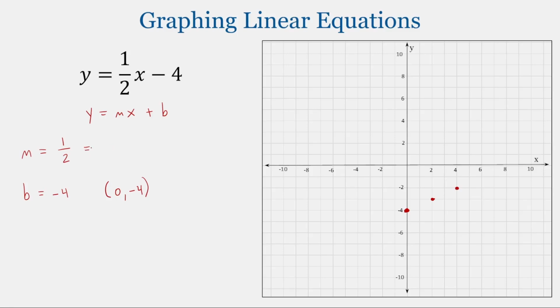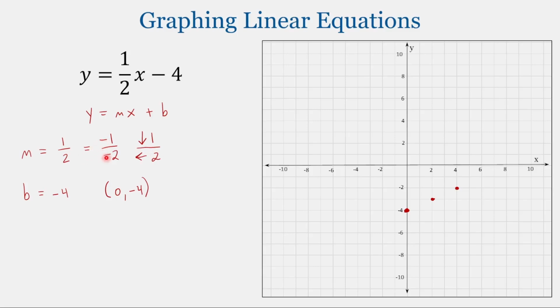Now a slope of 1/2 can also be written as -1 over -2. These are equivalent fractions: 1 over 2 is the same as -1 over -2. This is rise over run. So with a value of -1, that means we're going to go down 1 and to the left 2.